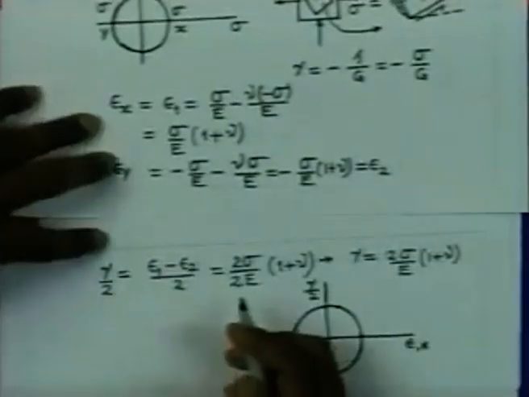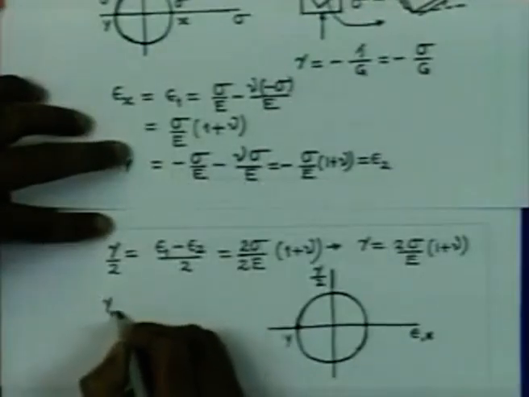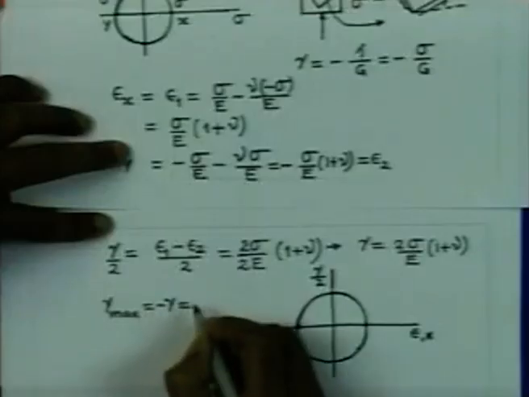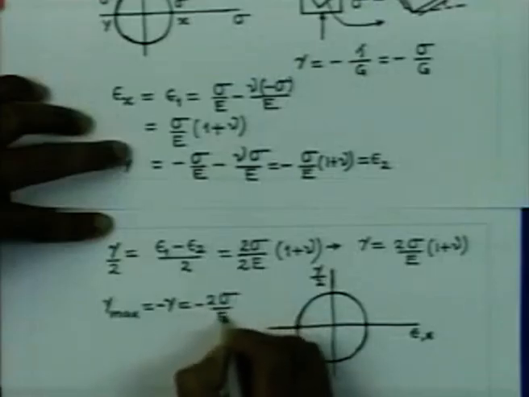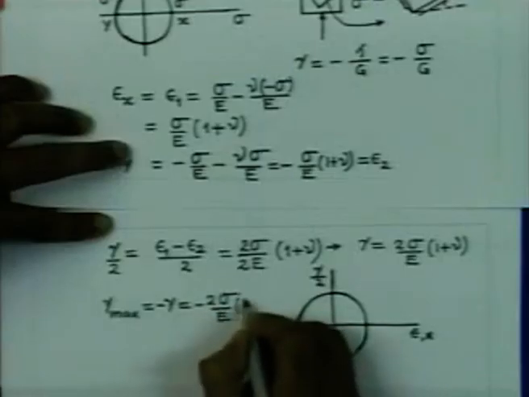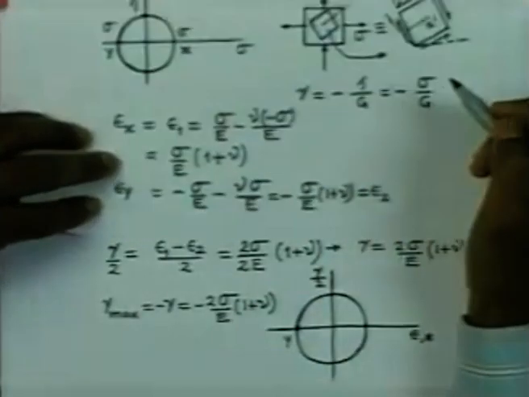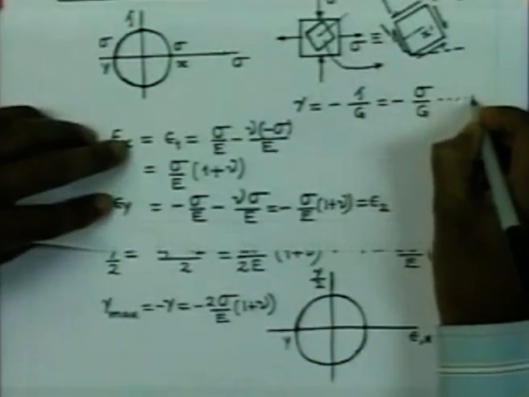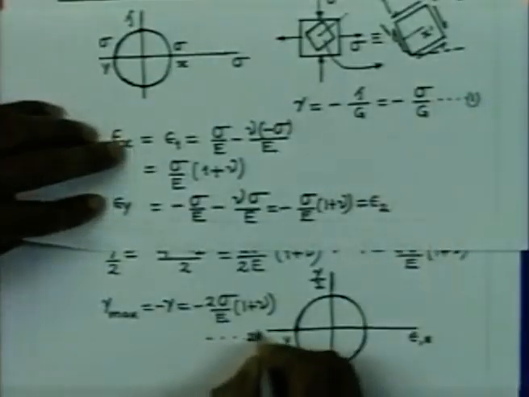Therefore, this shear strain that we have got is really a negative shear strain. In fact, this gamma maximum is nothing but minus gamma, and that is equal to minus 2 times sigma by E into (1 plus nu). So, here again the strain that we have got is nothing but this. If you like to consider, this is relation 1 and this is relation 2.